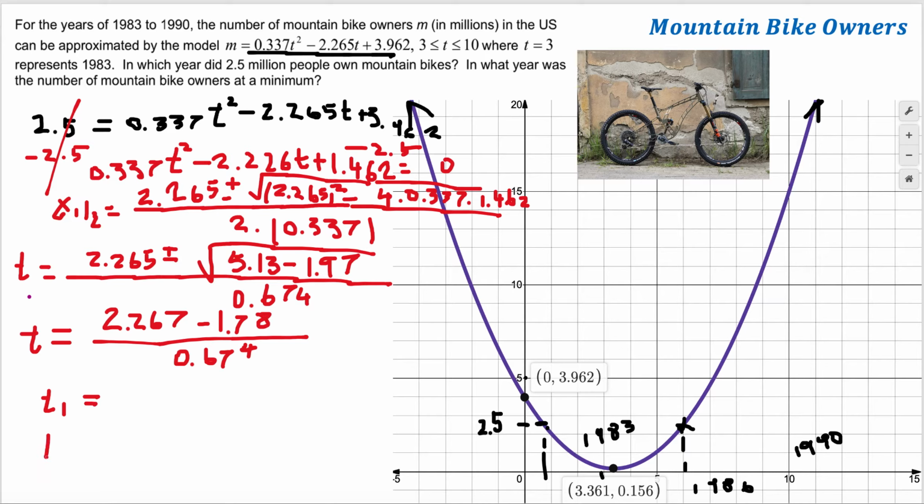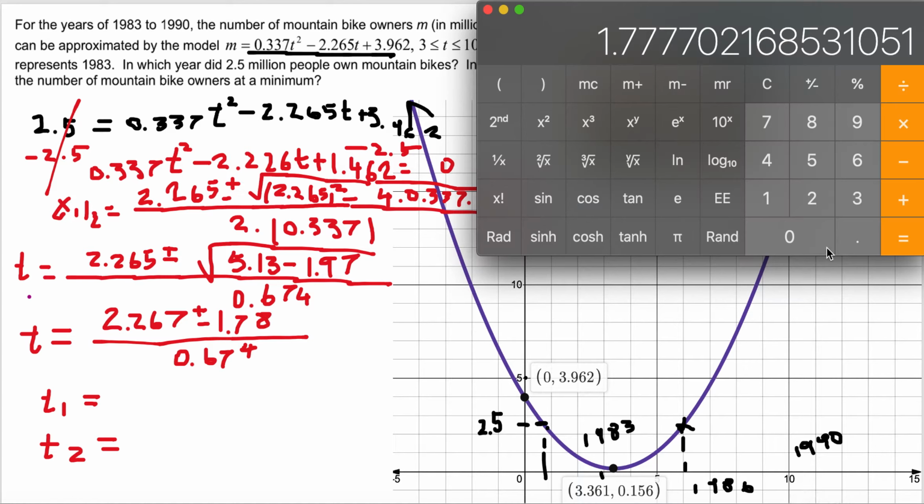I'm going right away now with the calculator. I think it's much easier now to calculate everything. For T1 I have plus minus, so first of all I'm going to make the addition: 2.265 plus 1.78 is equal, and divided by 0.674, I get 5.998.